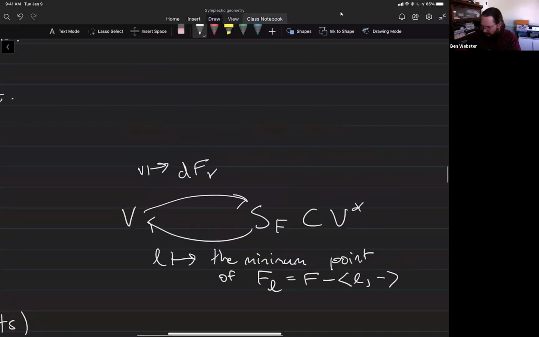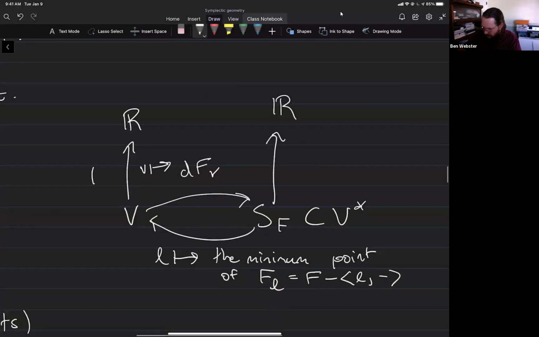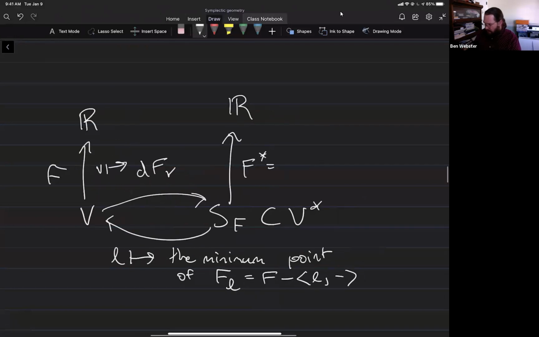All right, and then both of these guys have functions to the real numbers. Here I have the function f, which was part of my original definition. And then here I have the function f dual.